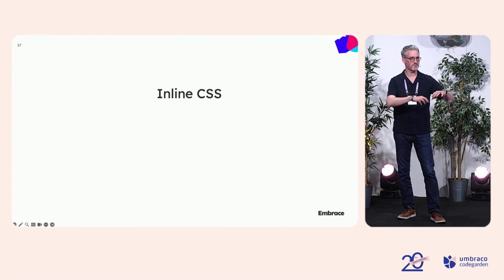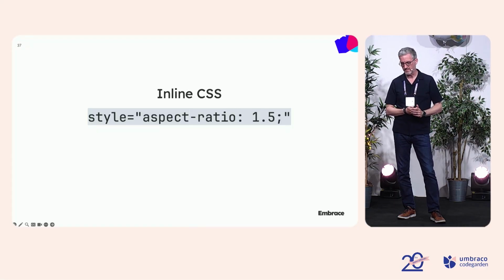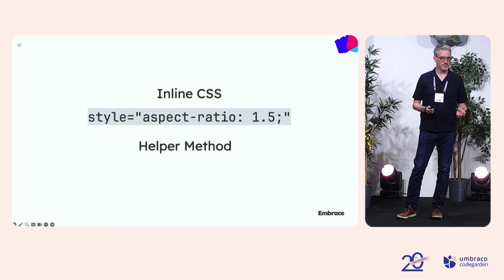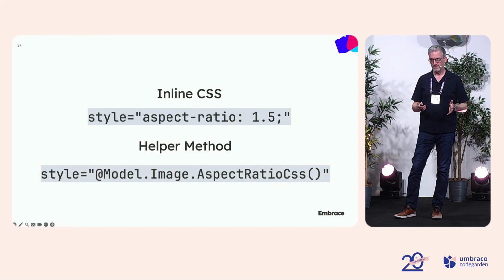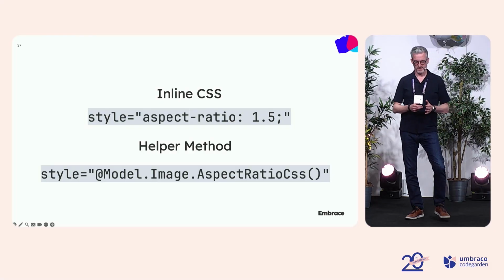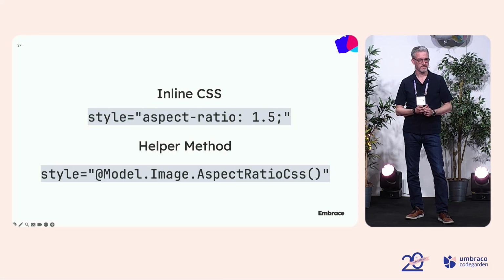So it can't be in our compiled CSS with everything else. The aspect ratio we need to send inline. So we can just put a style tag in, add in the aspect ratio. And to do this, we can use a helper method. So we can just put into our view style equals model.image.aspect ratio CSS.